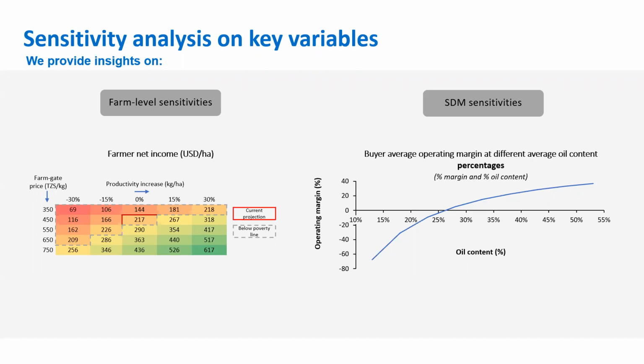This allows the client to see that if oil content has such a big impact on operating margin, what do we need to do to ensure the seeds we source have higher oil content? In this instance, it might be ensuring that all our farmers can afford seeds. Do we give them seeds for free? You might also talk about what extension services you are offering to farmers.